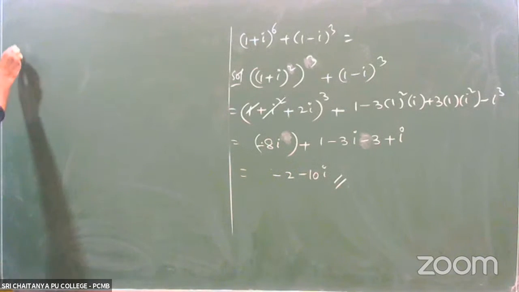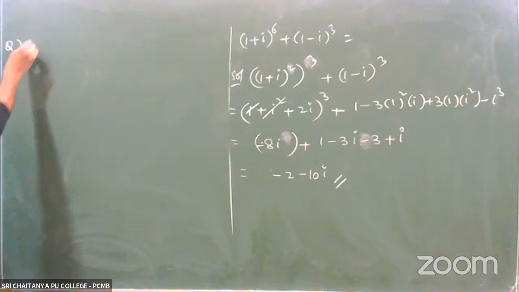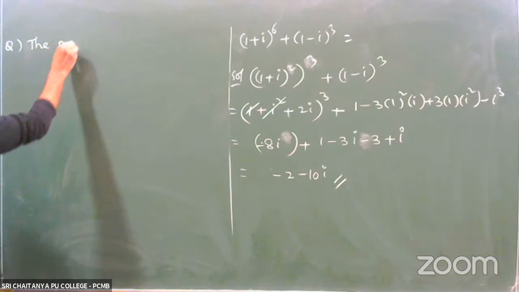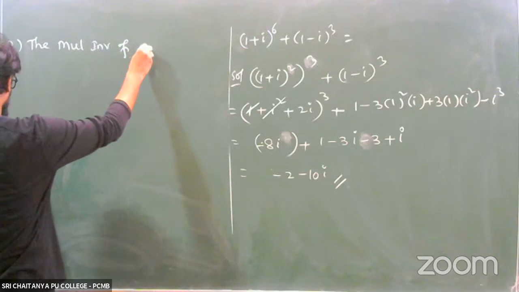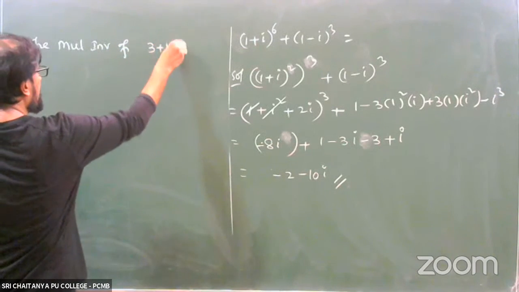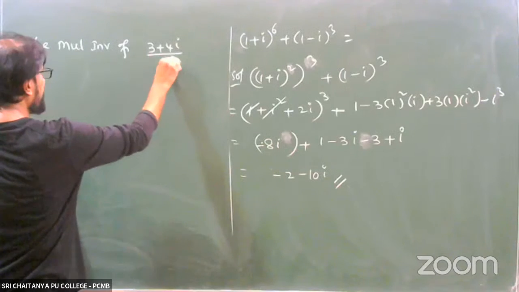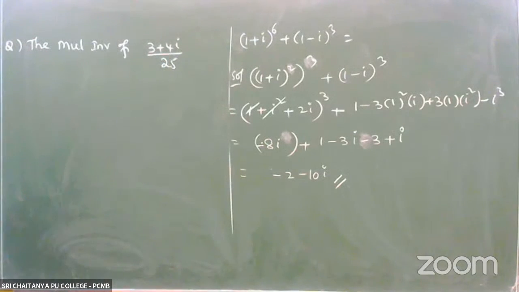The multiplicative inverse of 3 plus 4i by 25. He asked you to find the multiplicative inverse of 3 plus 4i by 25. Generally, what is called multiplicative inverse, right?